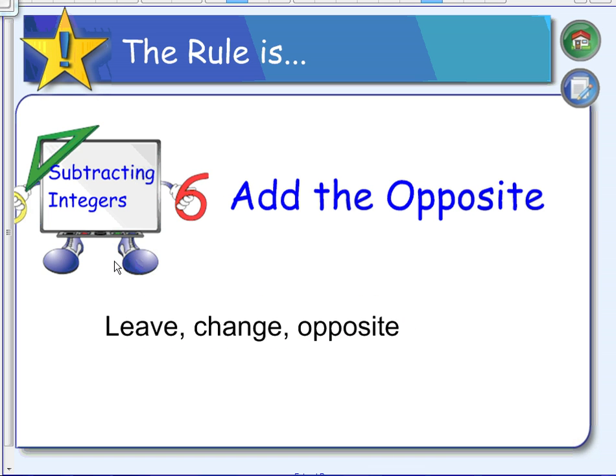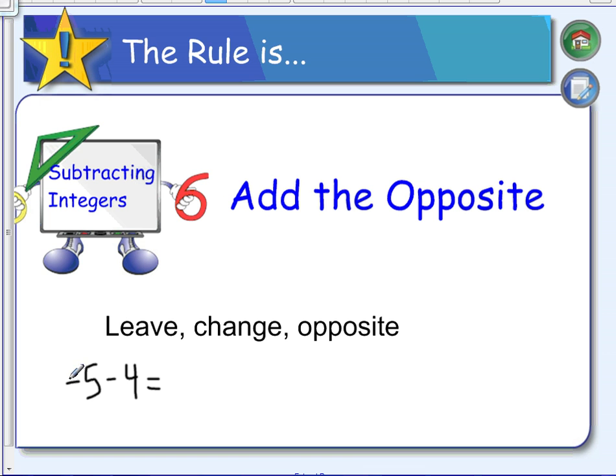So what I mean by leave change opposite is I can take a problem like negative 5 minus 4, and I can turn it into an addition problem, which is a little bit easier than a subtraction problem.